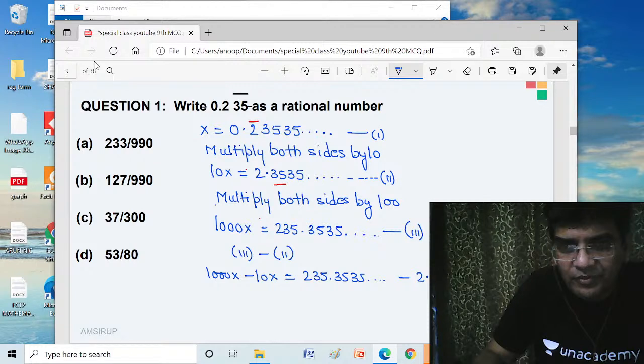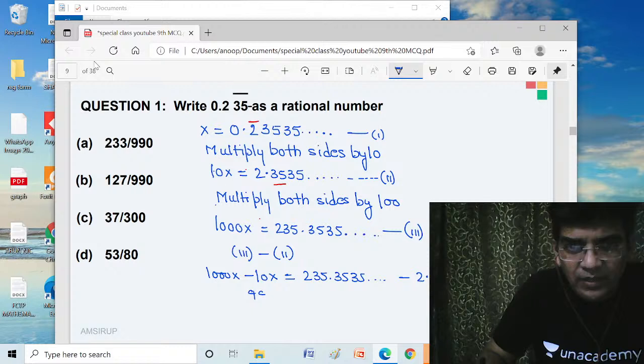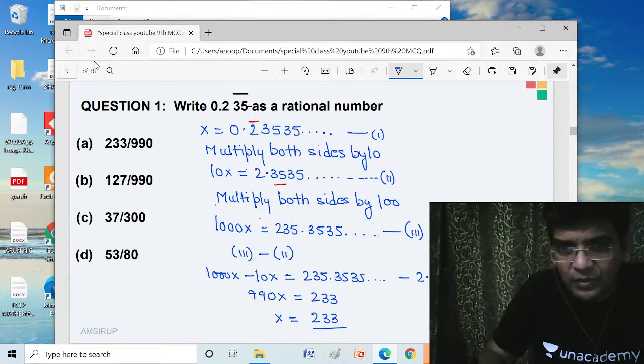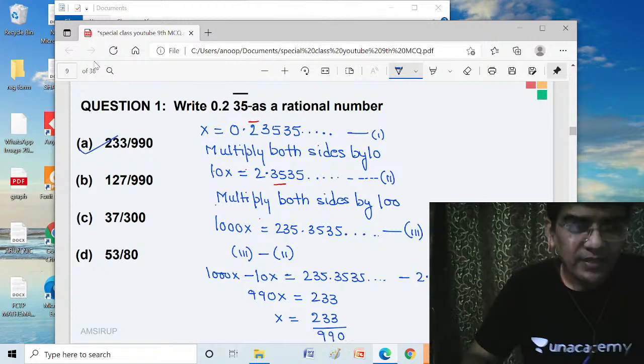So on the left side I am getting 990x, and on the right side I am getting 233. So what will be x? x will be 233 upon 990. This will be my answer, 233 upon 990.